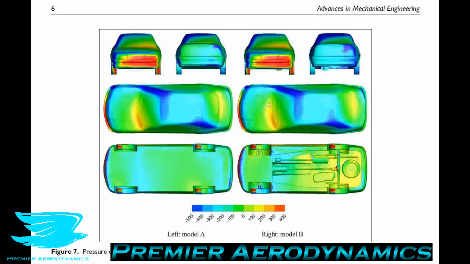You could argue that there's probably a little bit lower pressure around the rear left corner of the roof for Model B than Model A, but it's still minimal. Most of the car is very similar, so it's a little bit surprising that they are so similar, but considering that the underbodies have such a big difference in the pressure, that's why we're getting this change in lift production.